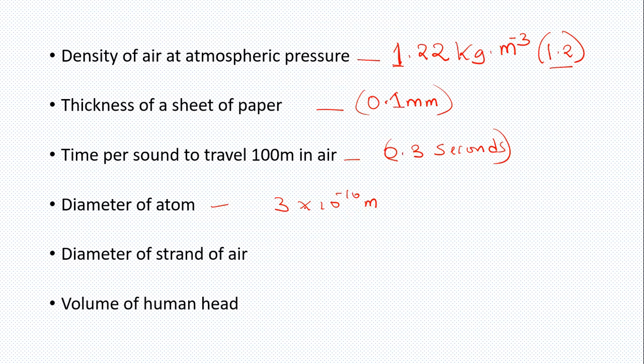We can also have the diameter of a strand of hair, which is about 3 times 10 to the power negative 4 meters. What about the volume of the human head? The volume of the human head, which the number of students I've always asked about this is about 1,260 centimeters cubed.